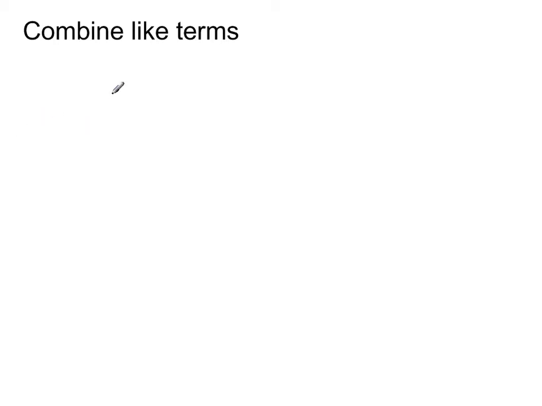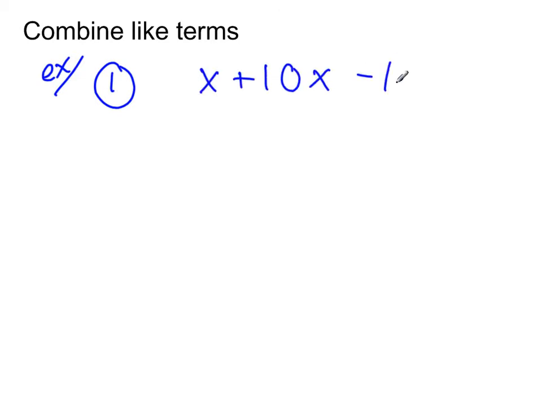So let's say, for instance, our first one that we have here is x plus 10x minus 15x. And we're asked to combine like terms. What we have to be aware of is when we combine like terms, we're going to combine the coefficients. And usually what I try to think of, the x or the variable, whatever our unit may be, I like to think of it as a unit.